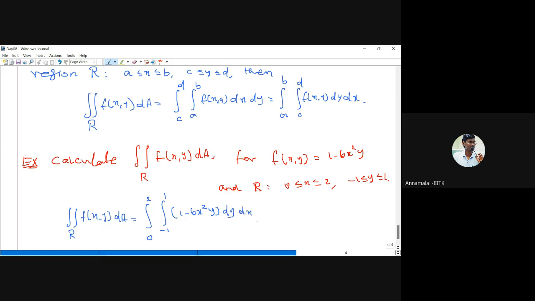So first you have to integrate with respect to y. Therefore treat x as a constant, kept fixed. Integration of 1 is y, minus 6x square y square by 2, therefore 3x square y square, dx. You have to substitute the upper limit and lower limit, minus 1 and plus 1.